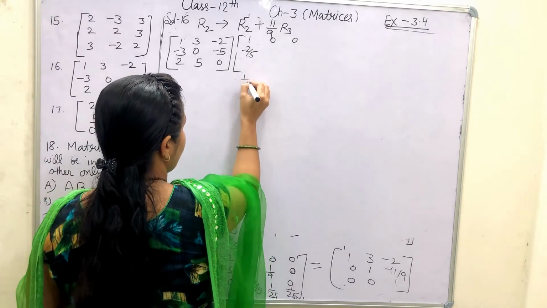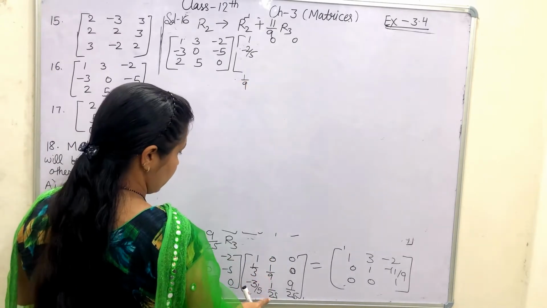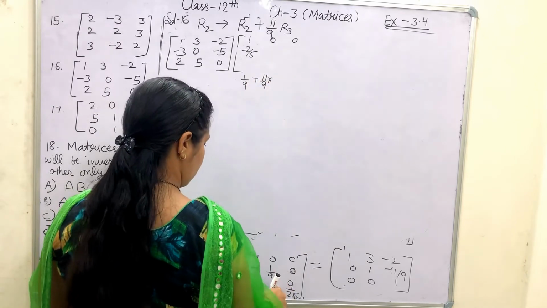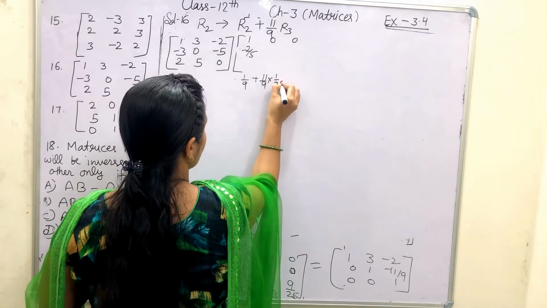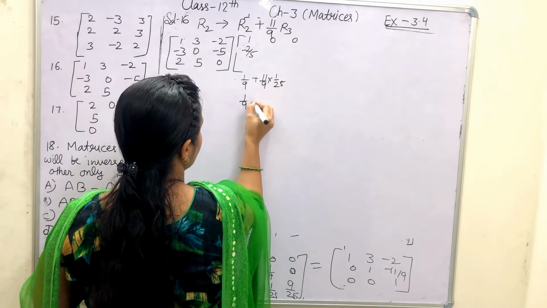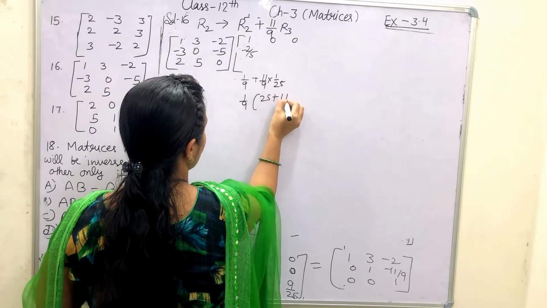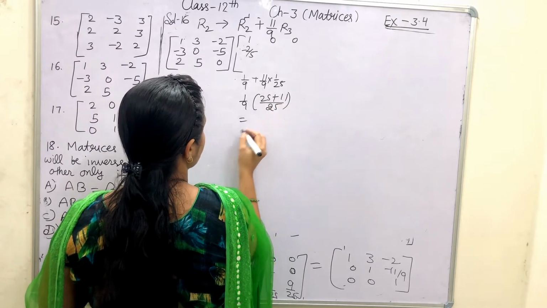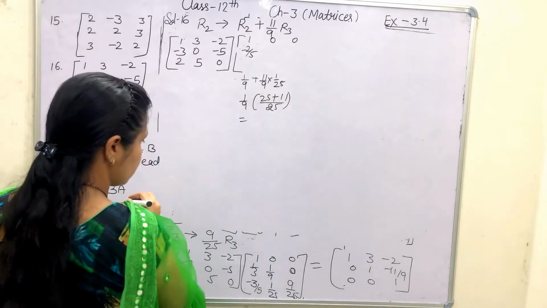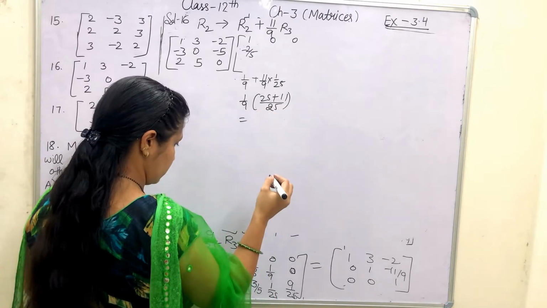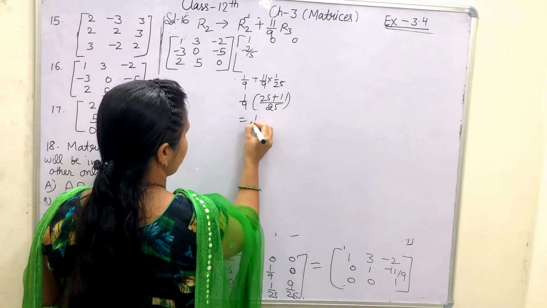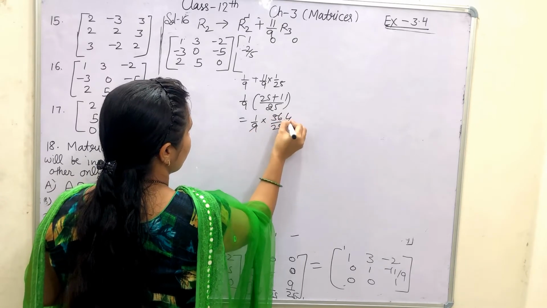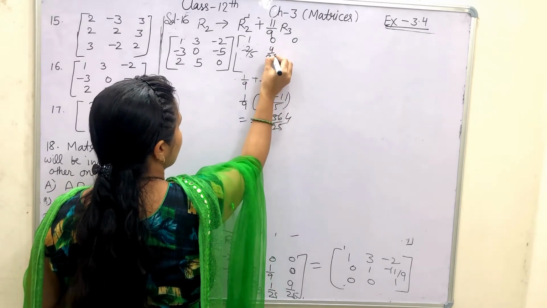Now 1 by 9, second entry, plus 11 by 9 into 1 by 25. We get here 1 by 9, if we take common, 25 plus 11 by 25. So we get 1 by 9, 36 by 25, which is 4 by 25.